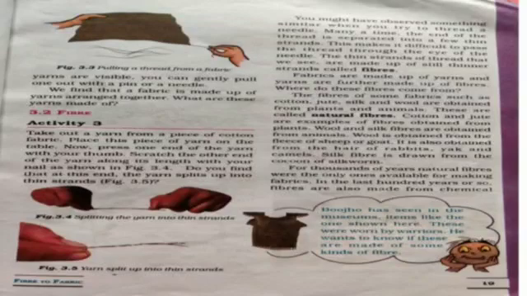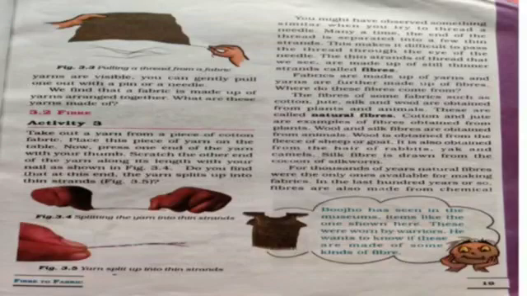It means cotton and jute are examples of fibers obtained from plants, and wool and silk fibers are obtained from animals. Wool is obtained from the fleece of sheep or sometimes goat, and it is also obtained from the hair of rabbits, yak, camel. Silk fiber is drawn from the silk cocoon of the silkworm.